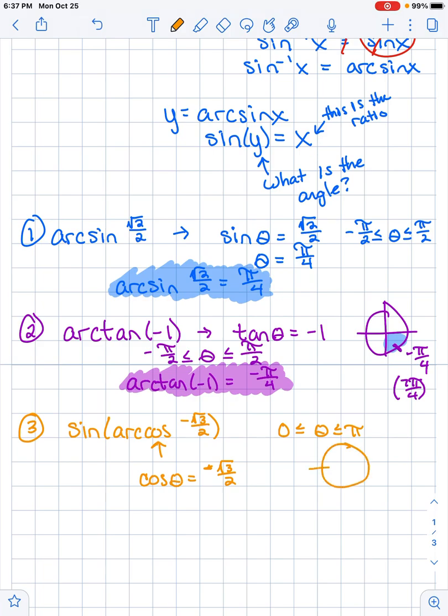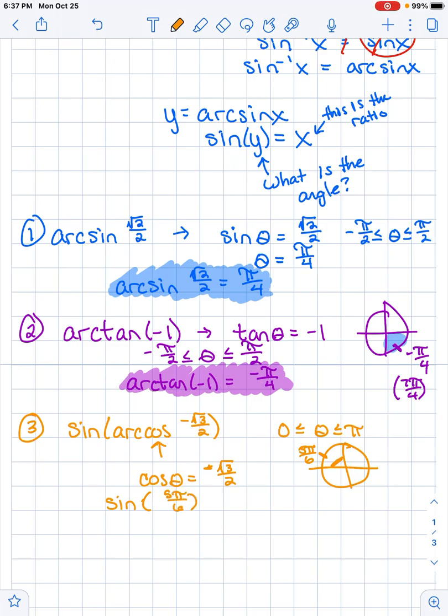I know that I'm going to be in the second quadrant, and a 30-degree angle is pi over 6, so this will be 5 pi over 6. That 5 pi over 6 is within the domain, so the arc cosine of negative root 3 over 2 is 5 pi over 6.